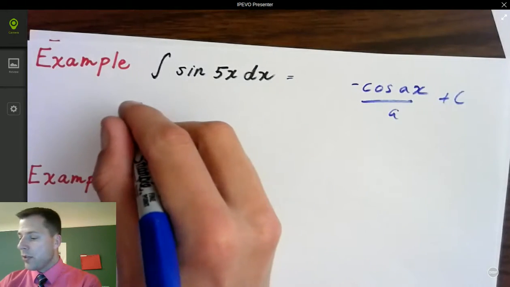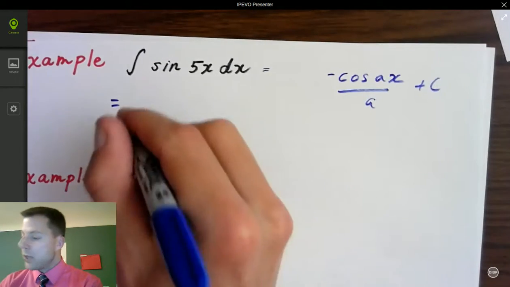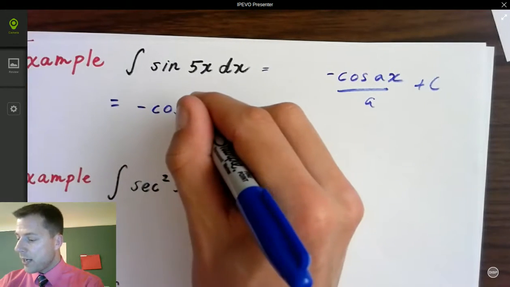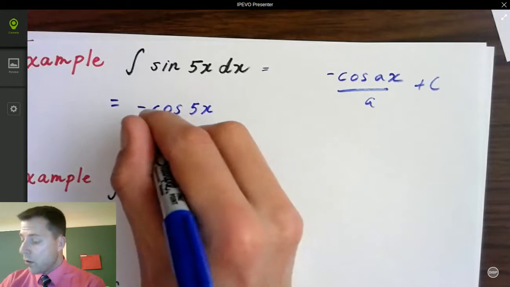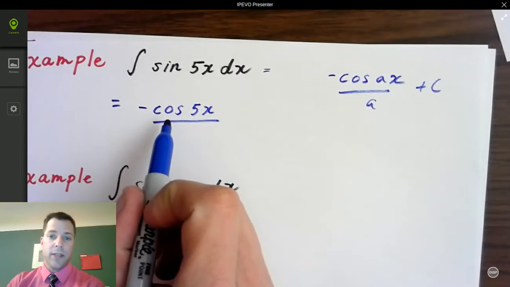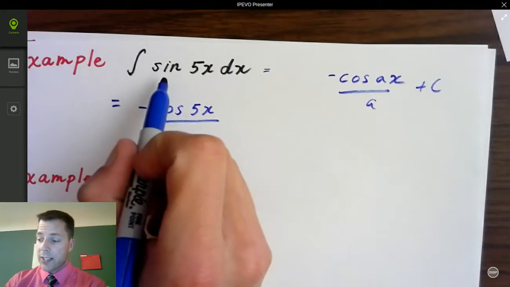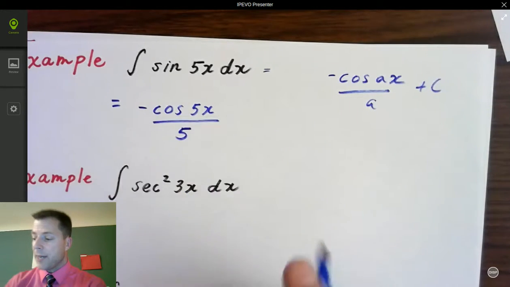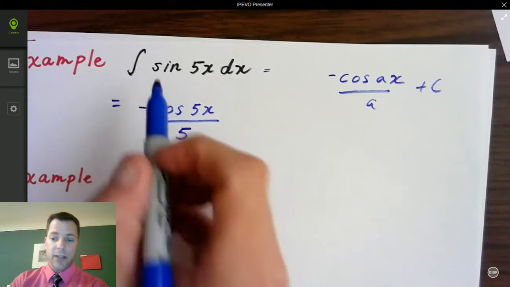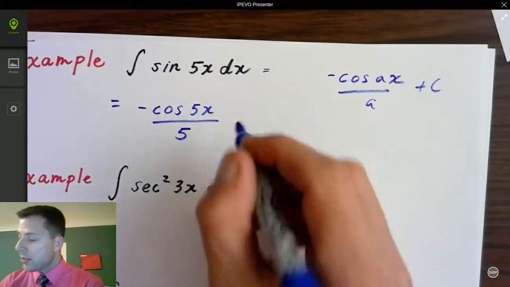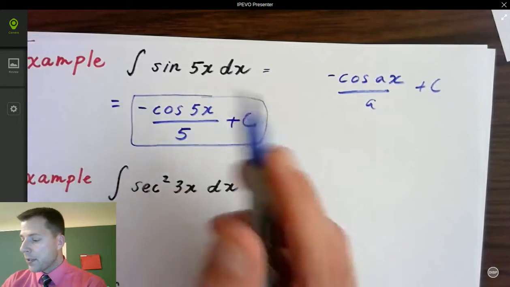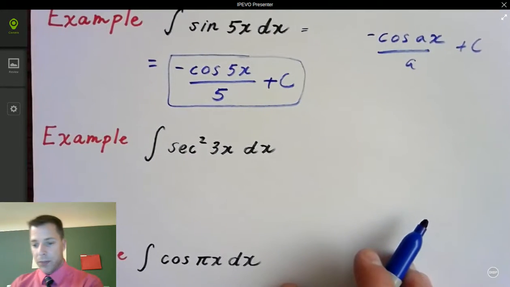Our a value is 5, so negative cosine of 5x over 5, because if we took the derivative of this, we want sine of 5x, but we'd have an extra 5. We got to get rid of that. We don't want 5 sine of 5x, we just want sine of 5x. So there's our rule, plus c, and we're done.